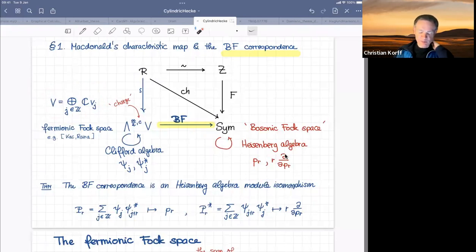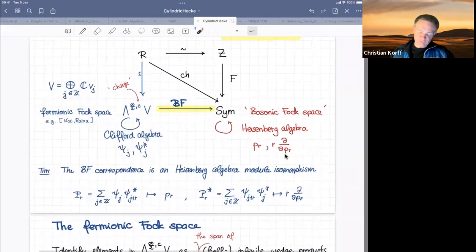And then on this fermionic Fock space, you have a certain algebra acting, which is called the Clifford algebra. And physically, you would interpret this as fermion creation and annihilation operators. And this boson-fermion correspondence maps these bases. There's a distinguished basis here, which are these half-infinite wedge products, and maps it again to Schur functions. And it has received a lot of attention because of connections to classical integrable systems.